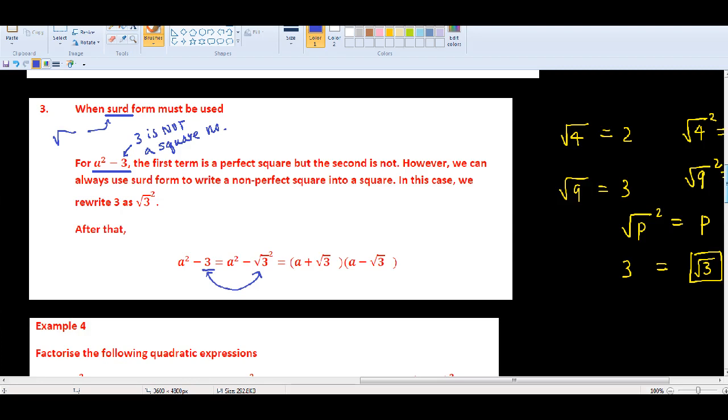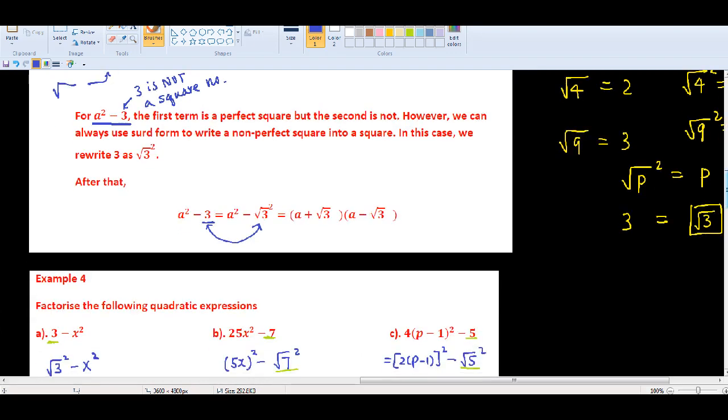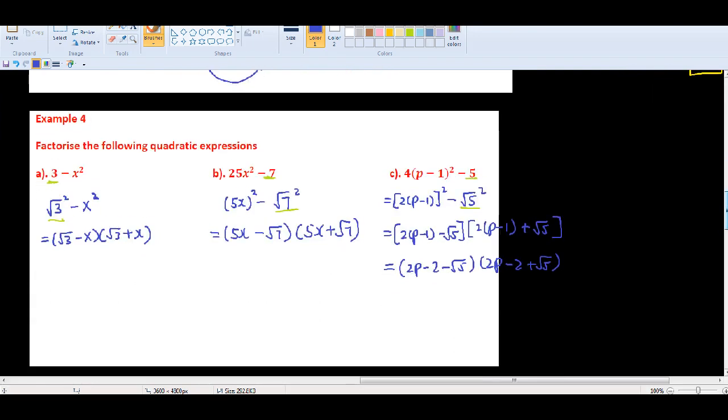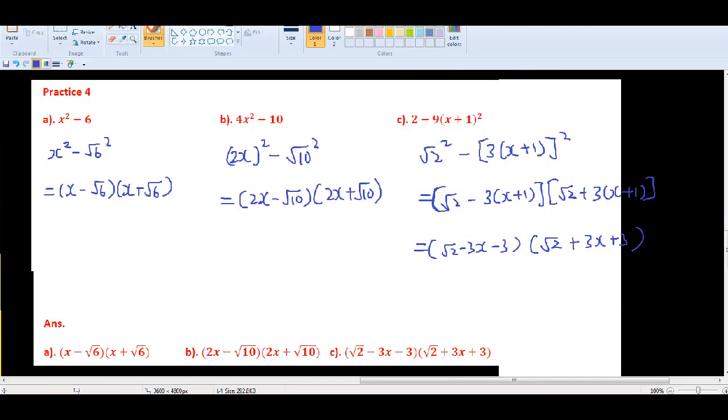In this case, you can't force them into a square number, but you can force them into a square by using the square root form. So these numbers are not square numbers, but you can use the square root sign to make them look like a square. Then when you do the factorization, in your final answer you will see the square root sign. So that's what you have learned.